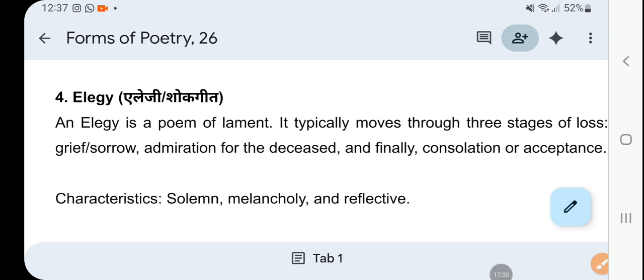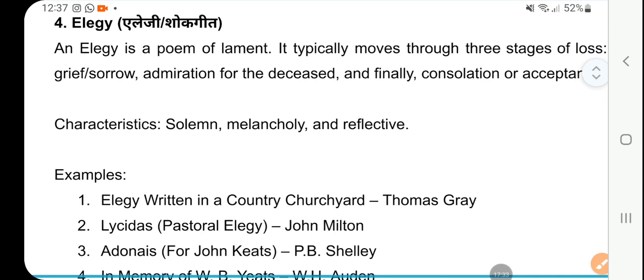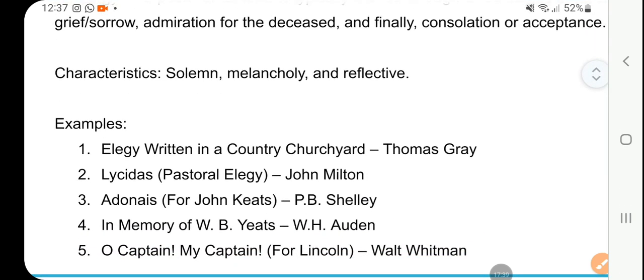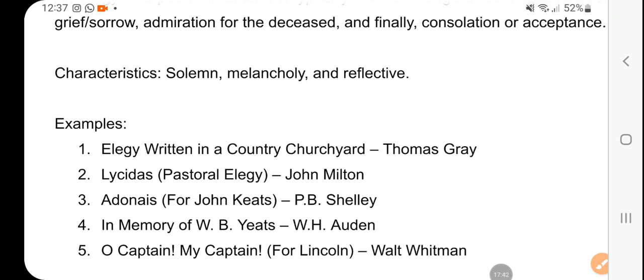It typically moves through three stages of loss, because in all of these we can see loss. The first part is grief or sorrow, the second is admiration of the deceased. I told you that the author is admiring the deceased who are sleeping now in death, like in a graveyard. The author is praising them because they were also deserving, but they could not get opportunity to prove themselves.